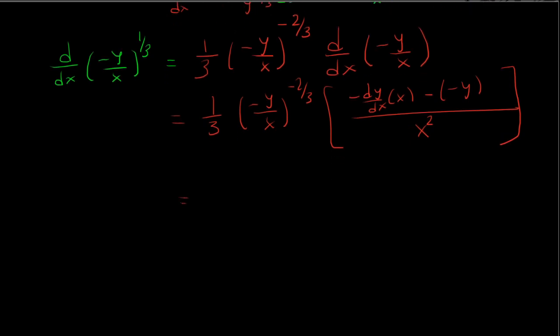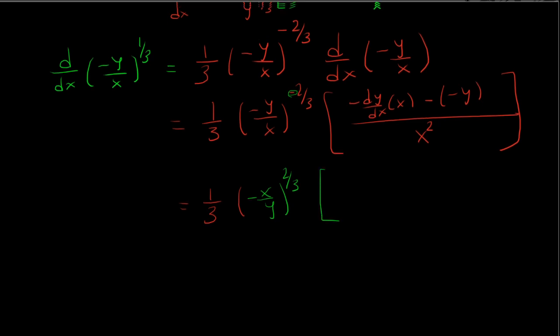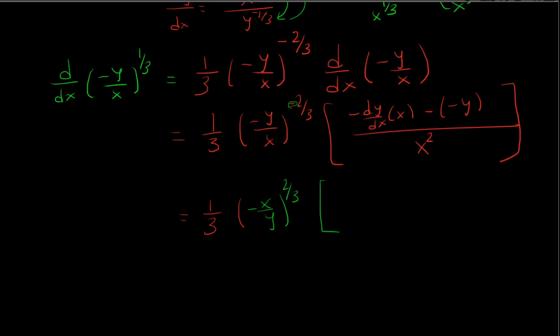so this will just be 1/3. And here I can make the exponent positive by flipping the x and the y. Okay. And so I have negative dy over dx. So dy over dx, if we look, is this thing right here. So this was the first derivative.